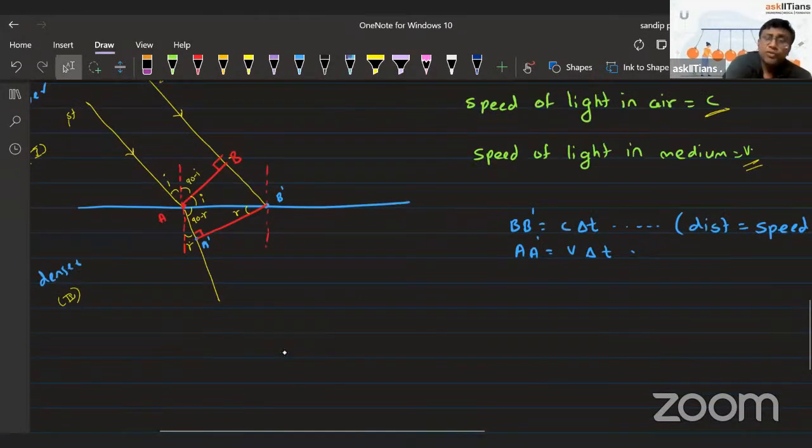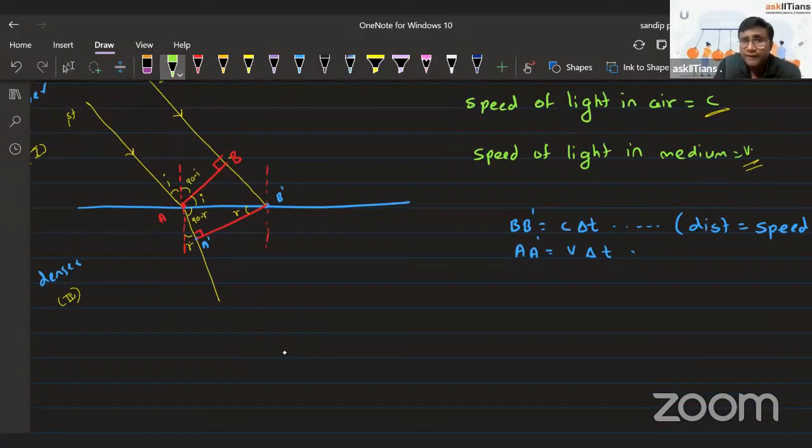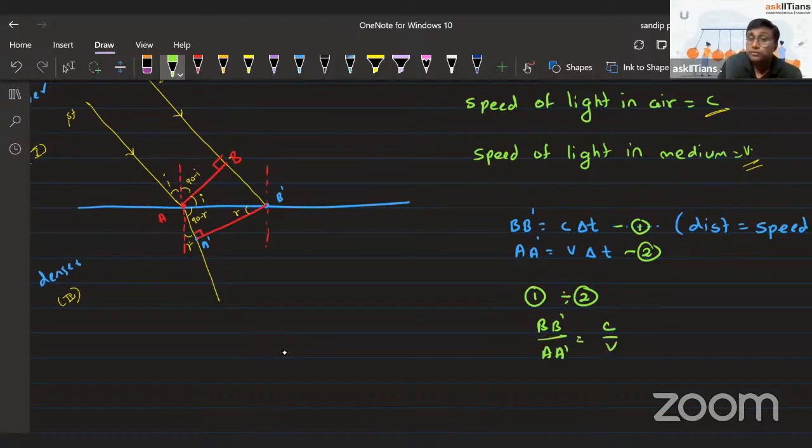So first of all, you will divide these two equations. Let's say this is equation number 1, this is equation number 2. Divide 1 by 2. What you will get? BB dash upon AA dash is equal to c upon v.